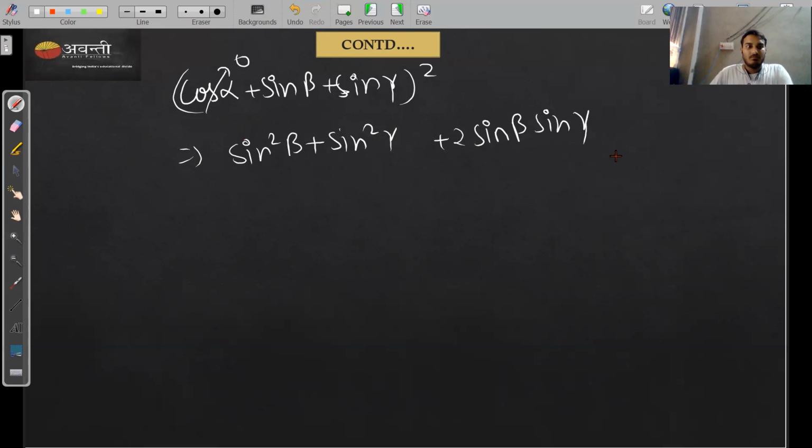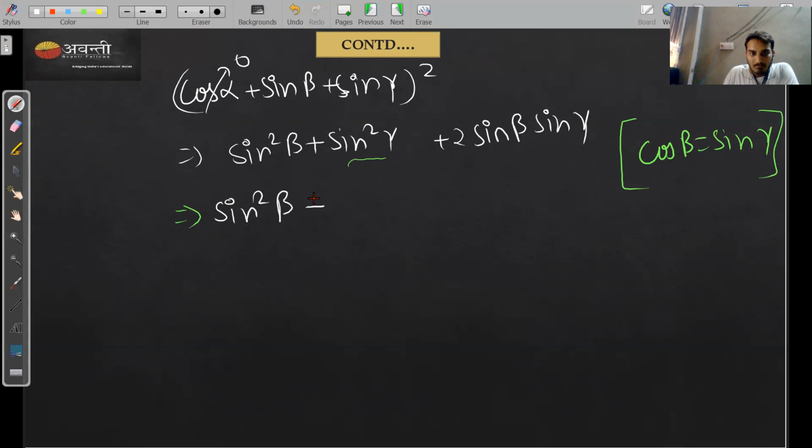But students, we know that cos beta is sin gamma. This thing we know, right? So what I'm doing is writing sin square beta as 1 minus cos square beta. Okay, so you can write this as sin square beta plus sin square gamma. I'm writing as 1 minus, what?